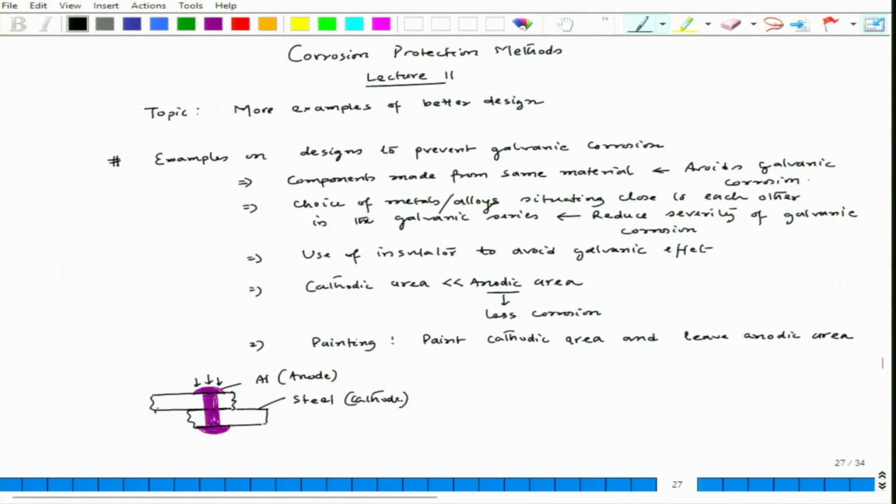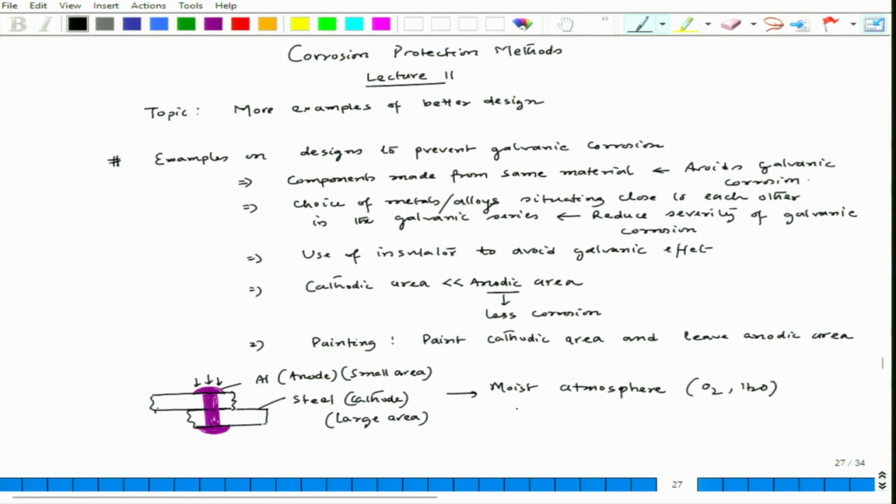And we have a huge area. So this is a large area cathode, this is a small area anode, and let us say this is exposed to open atmosphere, or moist atmosphere, so you have O2 as well as H2O.